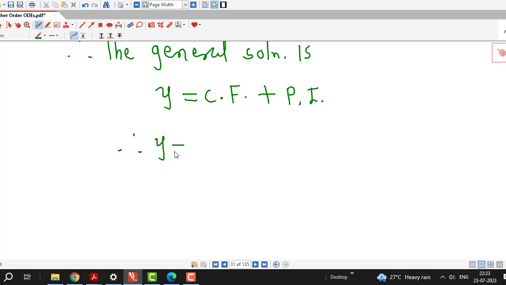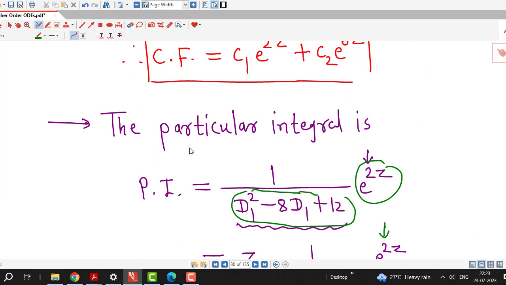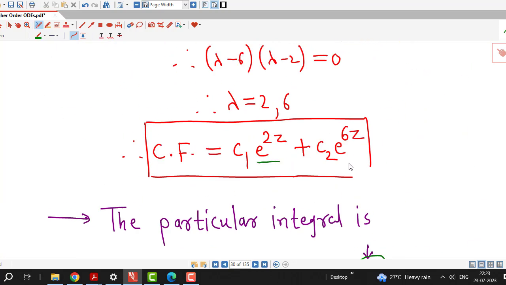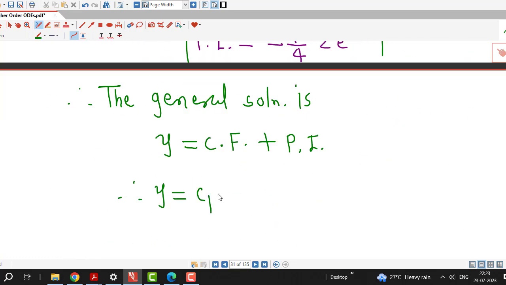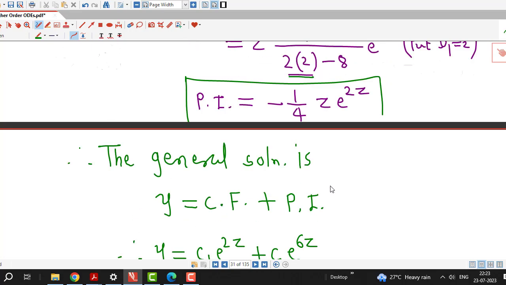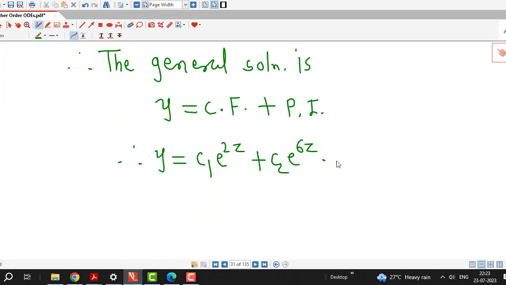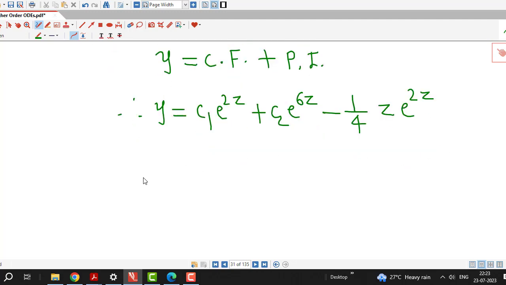Therefore y equal to, let me check what is complementary function, e raised to 2z and e raised to 6z, c1 times e raised to 2z plus c2 times e raised to 6z. Particular integral is minus 1 by 4 z e raised to 2z. Now this is the solution in terms of y and z, and we require solution in terms of y and x.